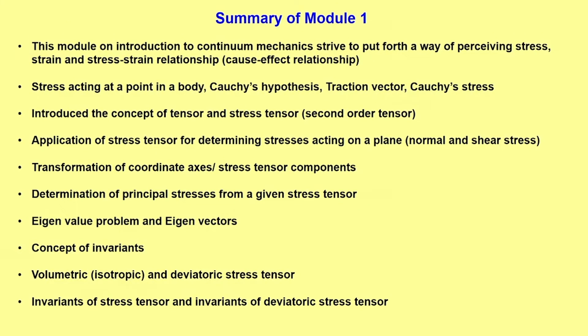We saw that the whole stress was decomposed into a volumetric component and a deviatoric component. Then we discussed the invariants of the stress tensor I1, I2, I3 and the invariants of the deviatoric stress tensor J1, J2, J3. We discussed the majority of the aspects and the relationships.